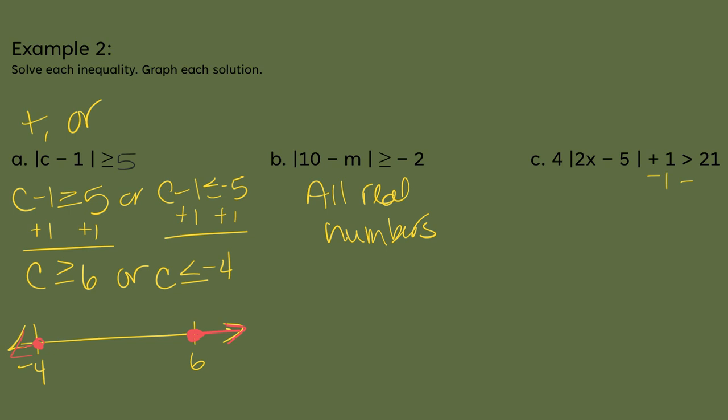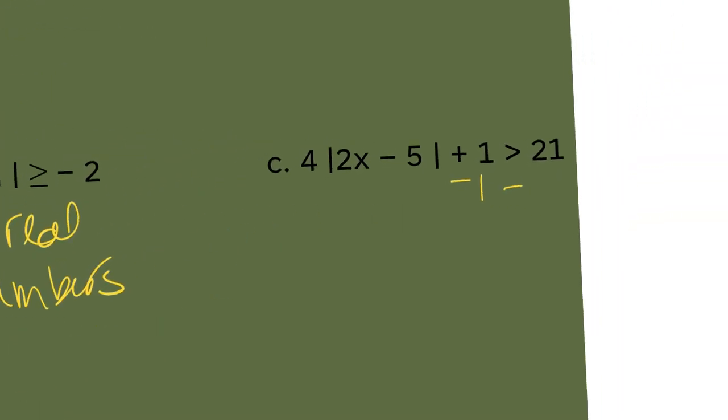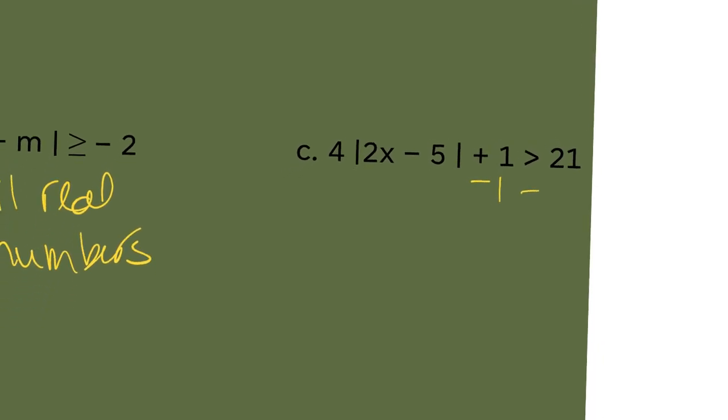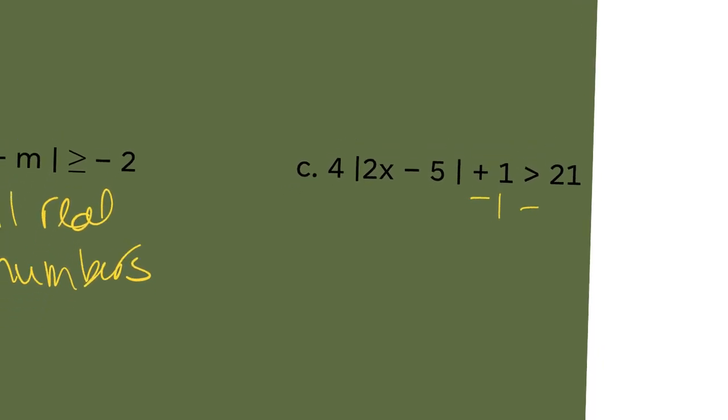Okay, I'm going to have to expand this right here. I'm going to do minus 1 on both sides, and I'm left with 4 times the absolute value of 2x minus 5 is greater than 20. What do I do now? Divide all of it by 4.